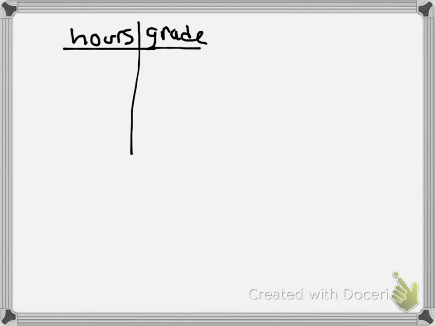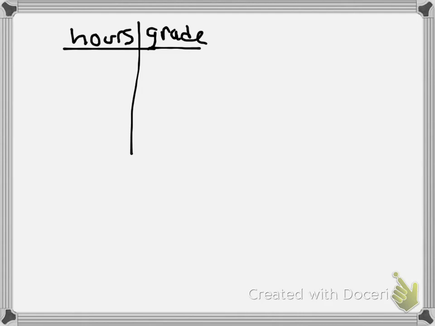Okay, so on this one we're going to look at, let's say, hours studied. So make a table for hours, and we're going to say our grade. So we're going to look at the table, let's say the number of hours that you studied, and then the grade that was received.